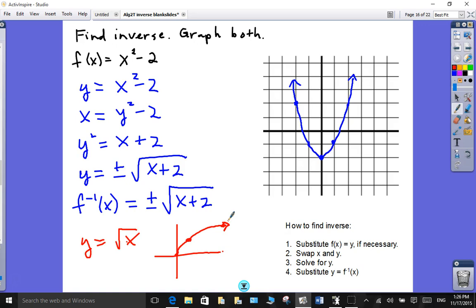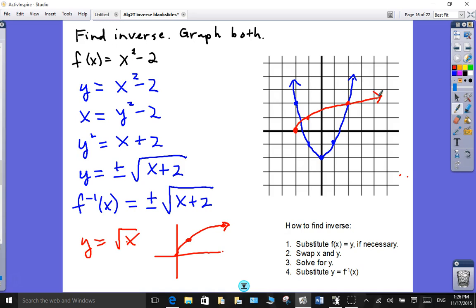So I can take that, add it to the graph up here, 2 to the left. Again, it should be 1, 1, and 4, 2. No, 1, 1, 2. Yeah, that's right. So this looks like that. But that's not the whole function because it's also a minus on that.